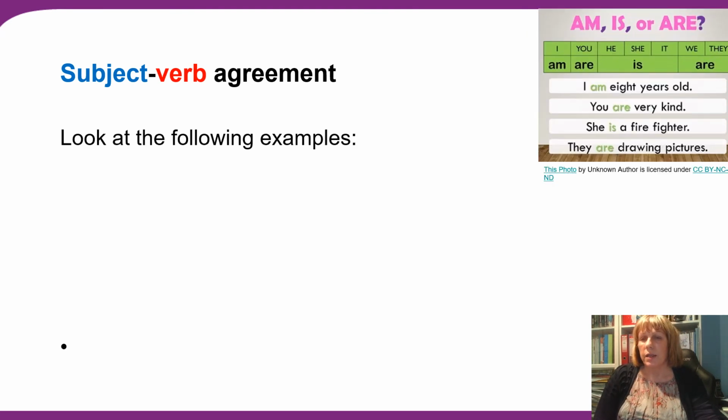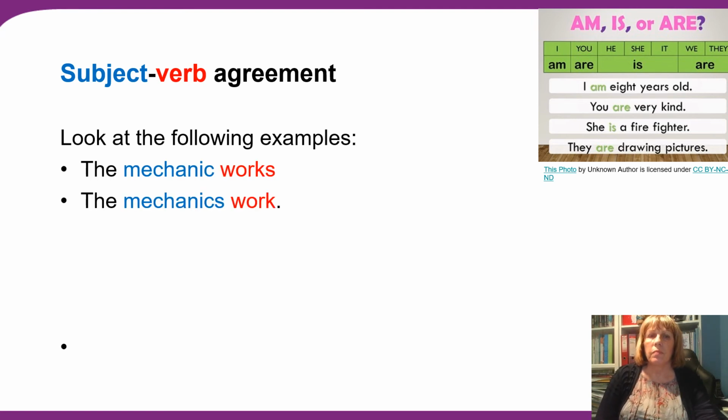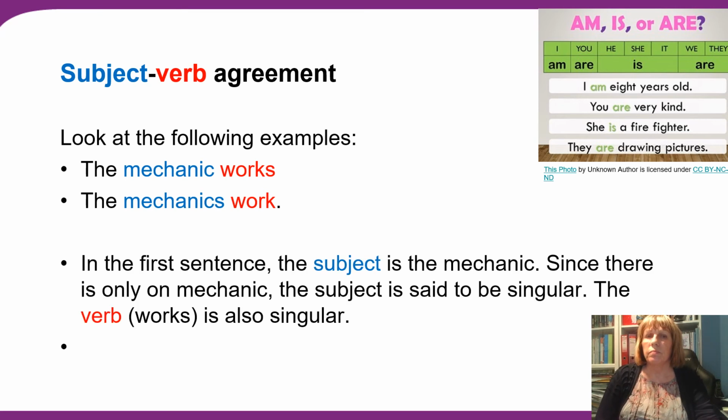Let's have a look at some examples. The mechanic works. The mechanics work. So in the first sentence, the subject is the mechanic. There's only one mechanic, so that's a singular subject.